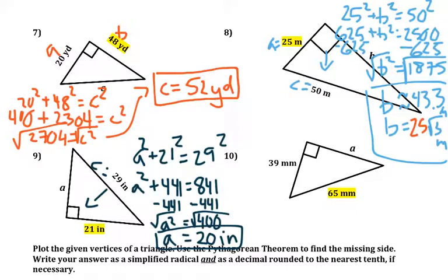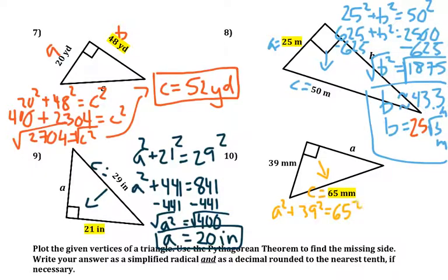Number 10. So we have the right triangle and has side lengths of 39 millimeters, 65 millimeters, and A. So across from the right angle is C, which is going to be the 65 millimeters. Now, writing our Pythagorean Theorem equation, we would have A squared plus 39 squared is equal to 65 squared.